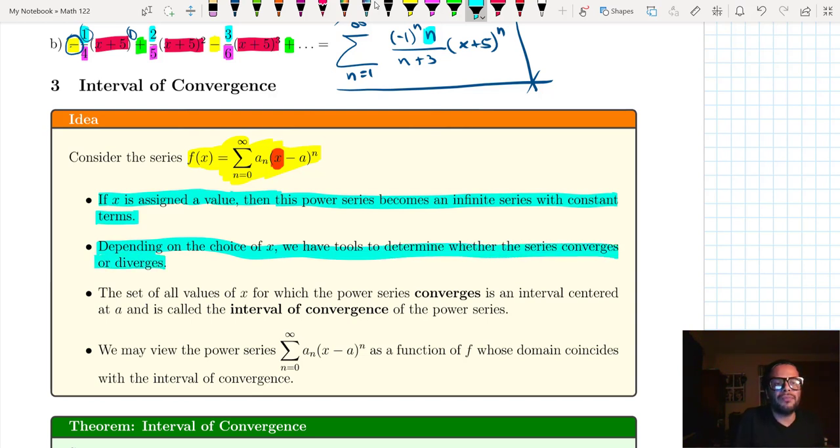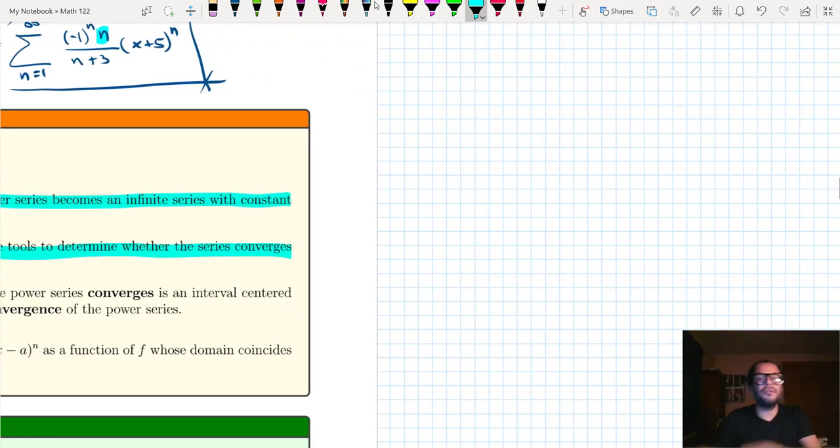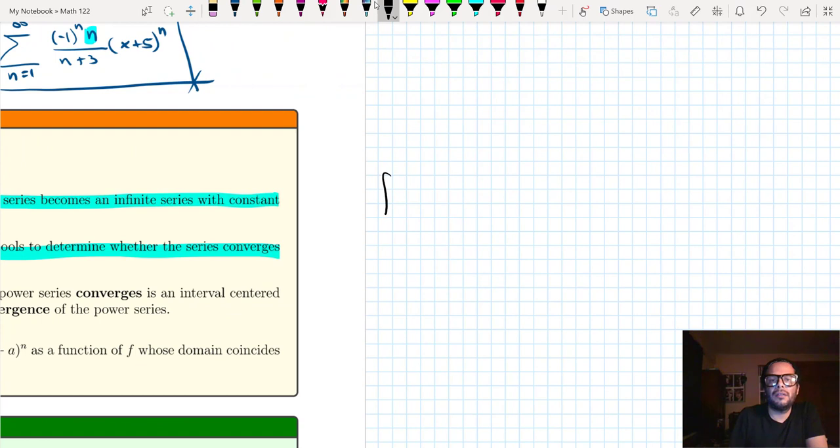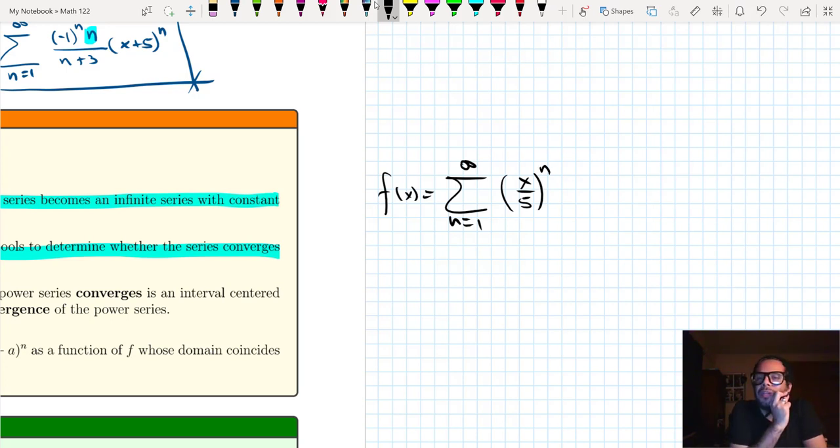We have done a little bit of that in the previous section, but let me give you briefly the bigger picture. Suppose I have f of x equals the sum from n equals 1 to infinity of (x over 5) to the nth power.